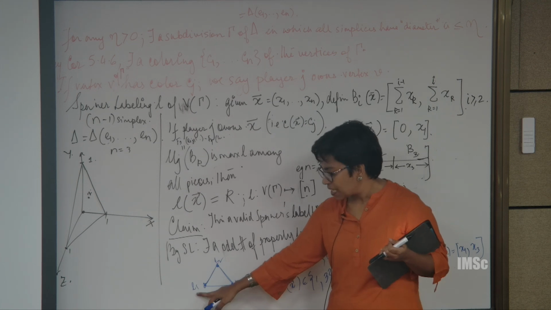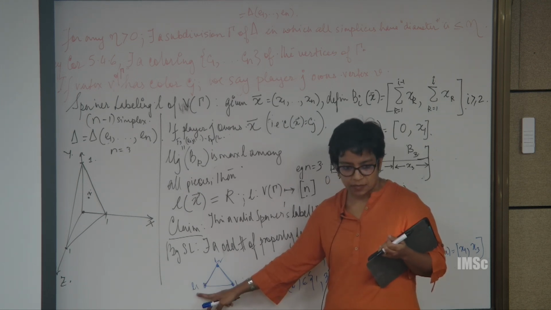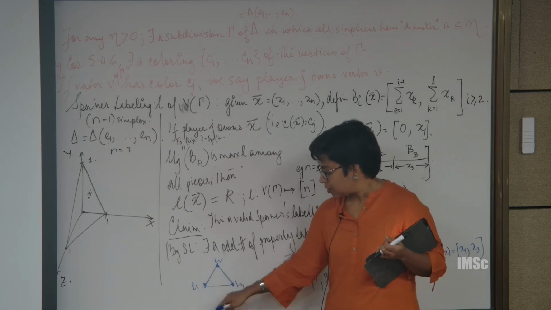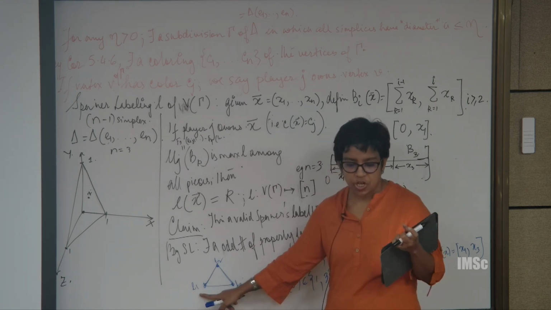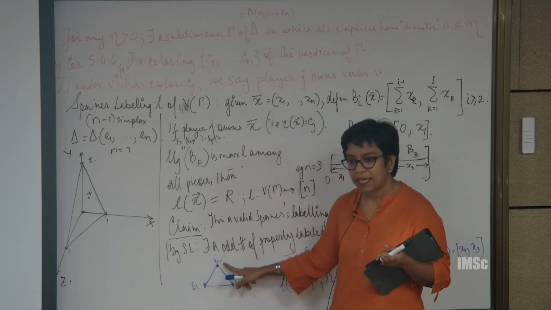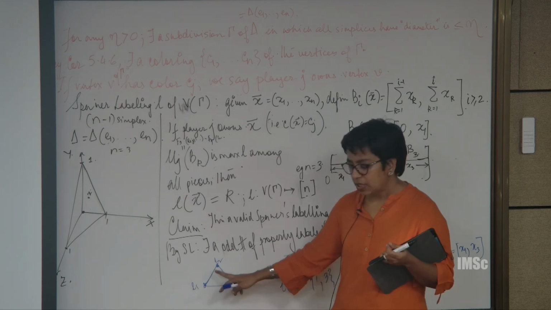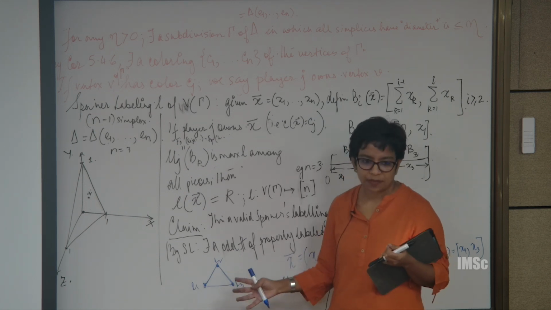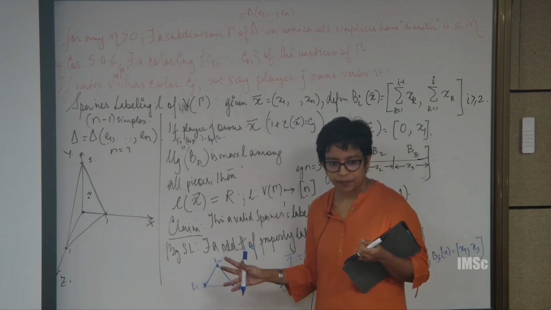Maybe he likes piece 1 and piece 3 equally, but the fact that we have given him label L1 and this person L2 and L3, means he is at least as happy with this first chunk as anything else. So, he will not envy anybody. This person is at least as happy with chunk 2, this person is happy with chunk 3. So, therefore, nobody is envying anybody. This is the takeaway, okay.